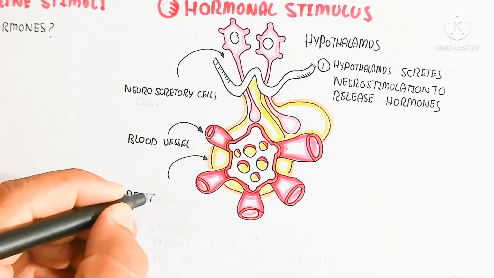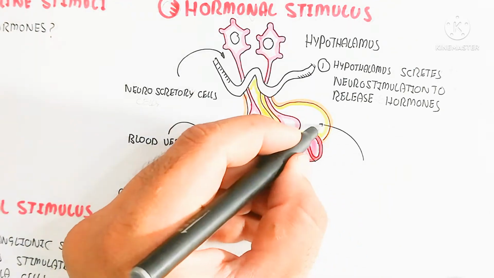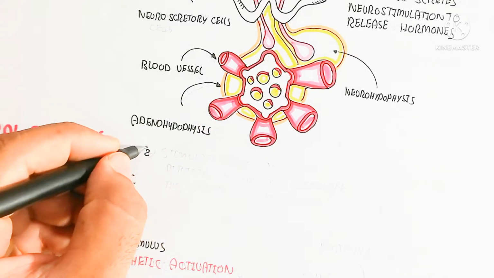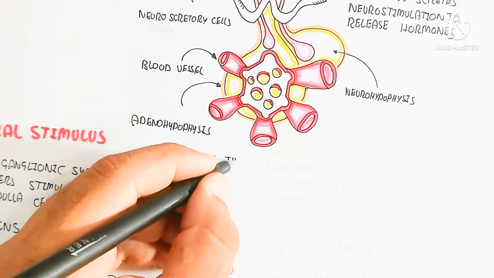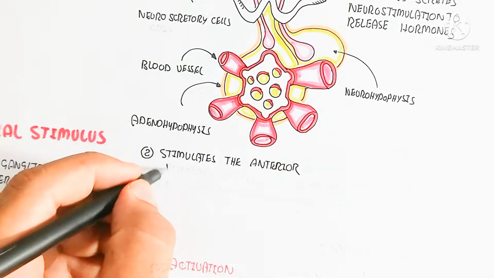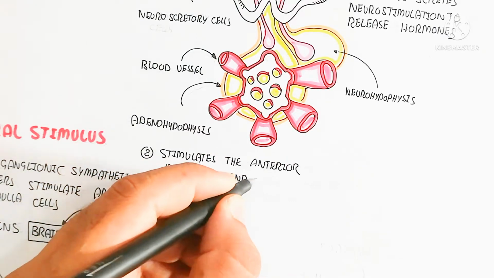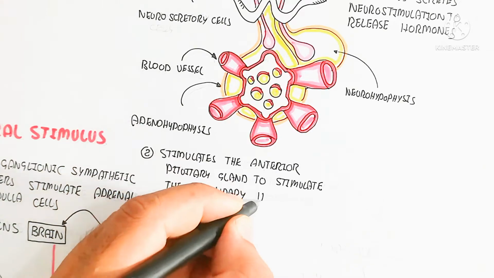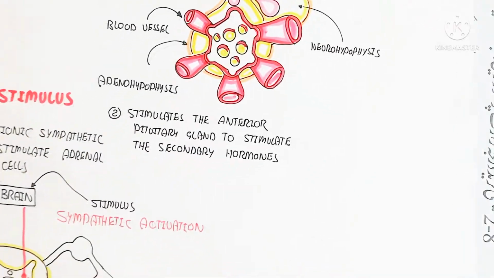adrenocorticotropic hormone, and gonadotropin releasing hormone. On the other hand, the neurohypophysis produces oxytocin as well as antidiuretic hormone, which through nerve stimulation enter the blood circulatory system.